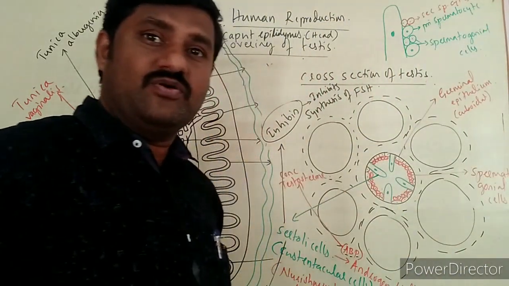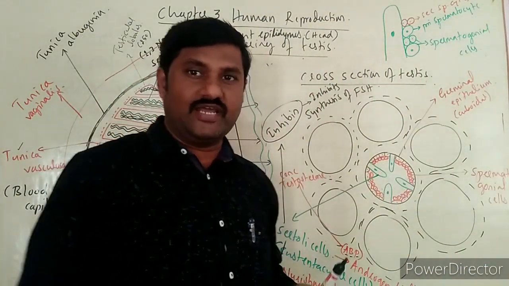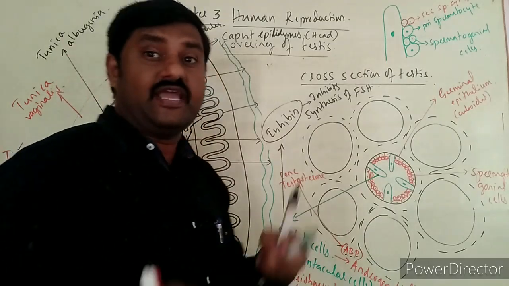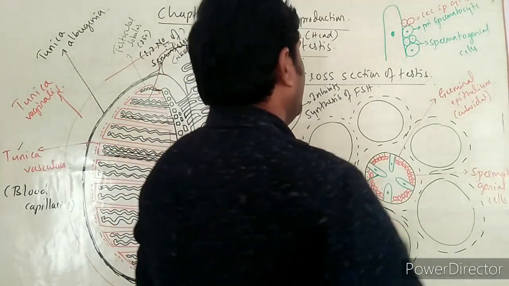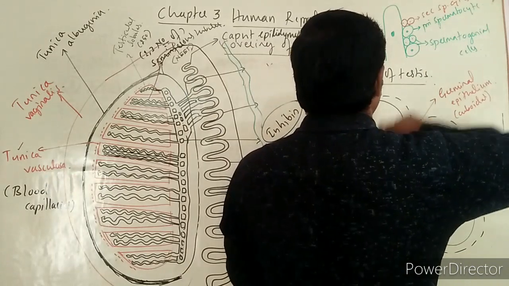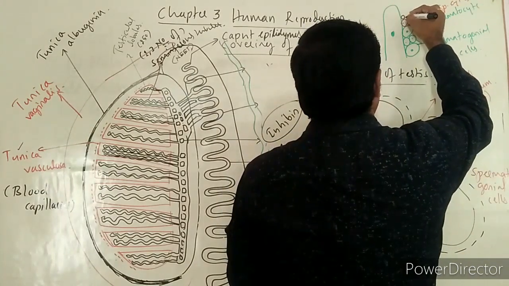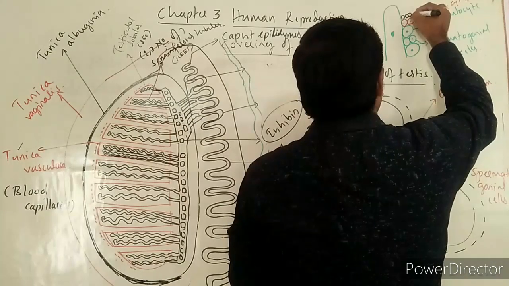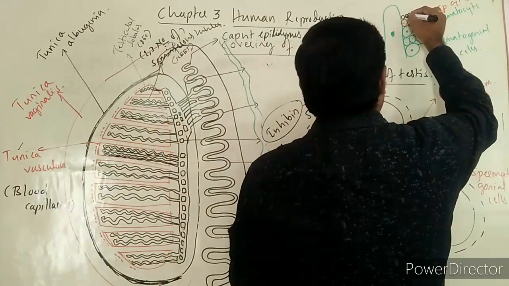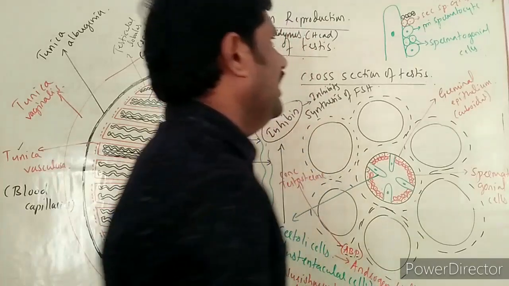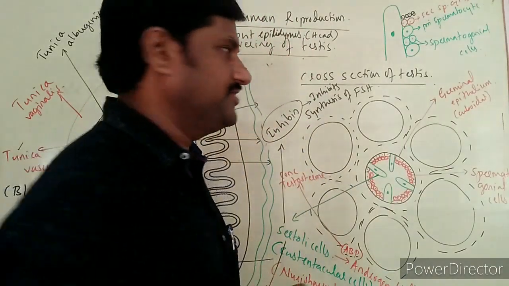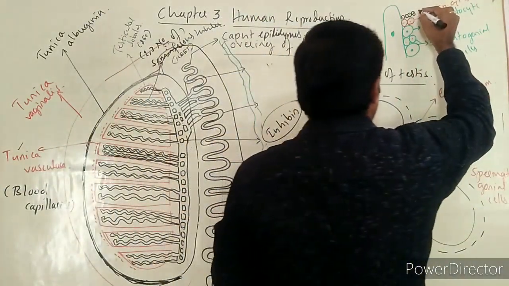Okay, now we came to know what secondary spermatocytes are, right? After this, the second meiotic division occurs, as a result of which how many cells are produced over here? 4 cells are produced, and these are called spermatids.